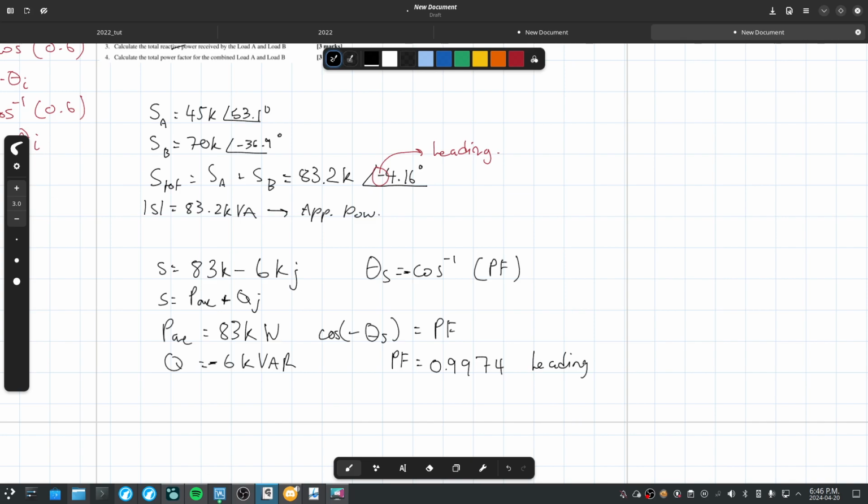Negative cosine inverse of that is going to be negative 4.16. Is the angle 4.16? Yes, but we are doing cosine negative 4.16. Let me just put that the other way around. Sorry, I should have been more clear on that part. So that goes down there like that. And we have our power factor.